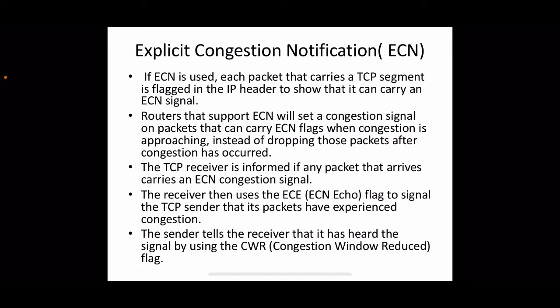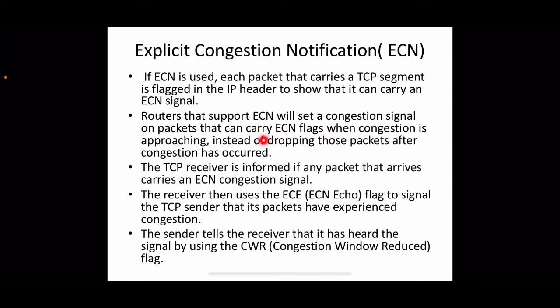Routers that support ECN will set a congestion signal on packets when congestion is approaching. In the network layer, the main active components are these routers, right? So when they find that some congestion is approaching, they will immediately set these ECN flags.